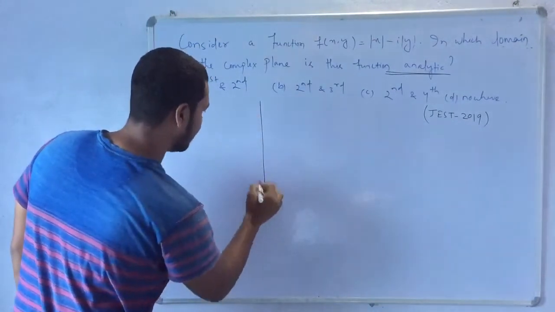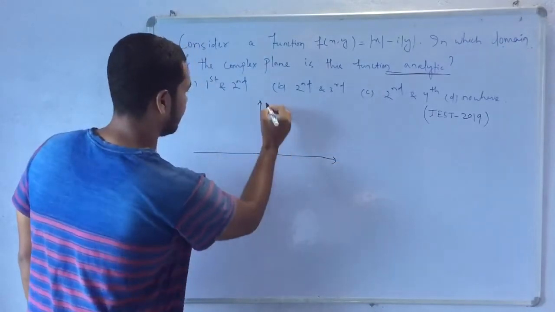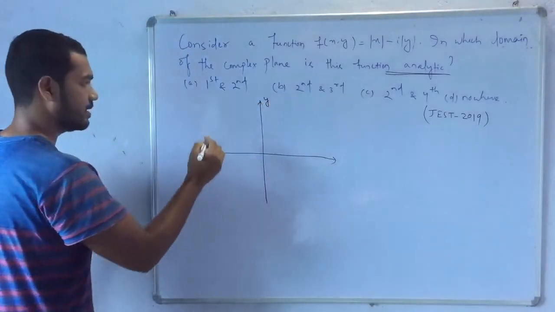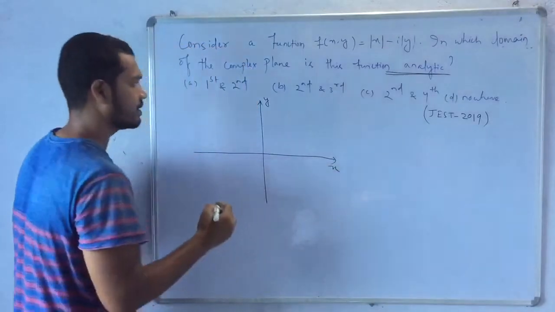So in the Argand plane, you know that the y axis is regarded as the imaginary axis and the x axis is known as the real axis.